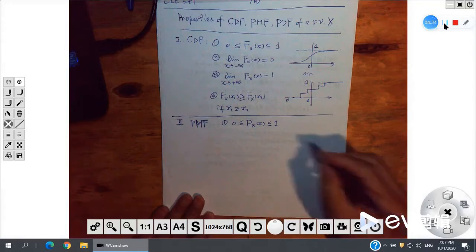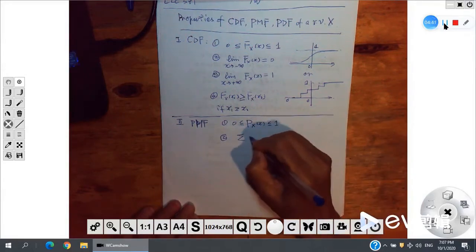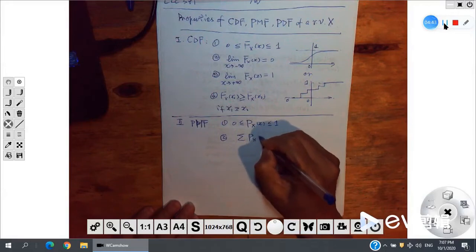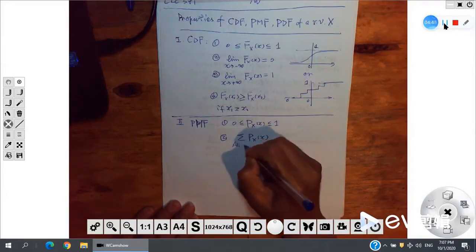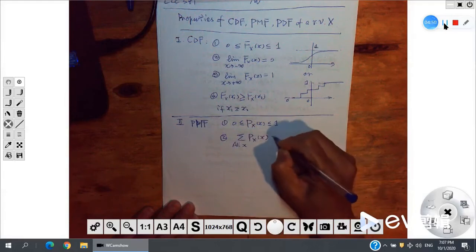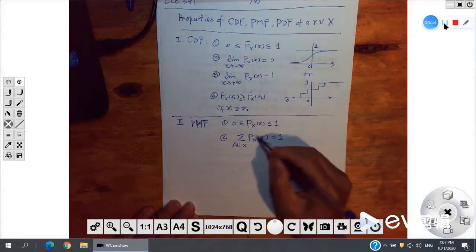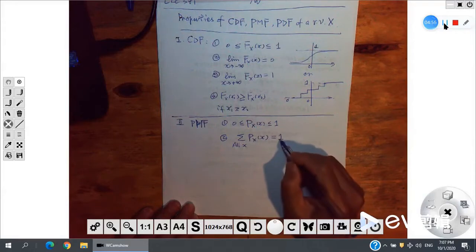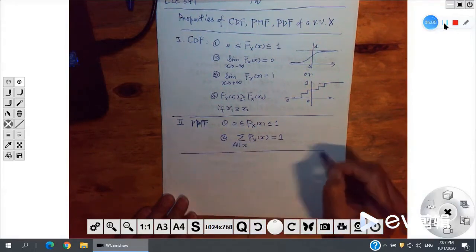And second, the summation of all of these P_X(x) for all x will be 1. You add all the things together, it's 100%, right?